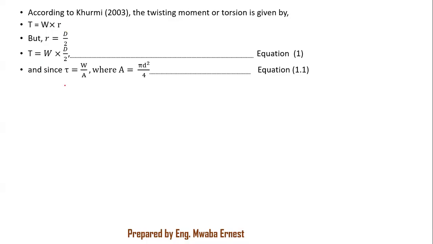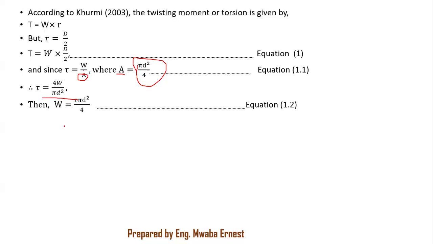So when you proceed now to compare this with stress, because we know that stress is force over area. Stress is the load over area. And we also know that area is pi d squared over 4. So what do we do then? We can make this W the subject of the formula. But before we even do that, where there is area here, we can expand with this formula. We put pi d squared over 4 in place of the A. So there you have your shear stress being equal to 4W over pi d squared.